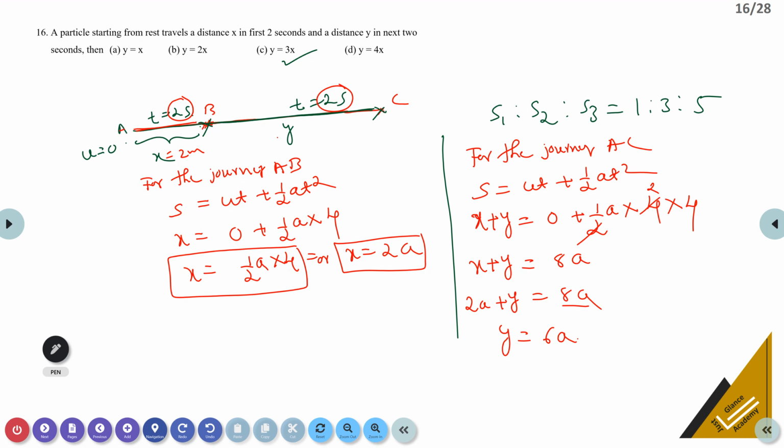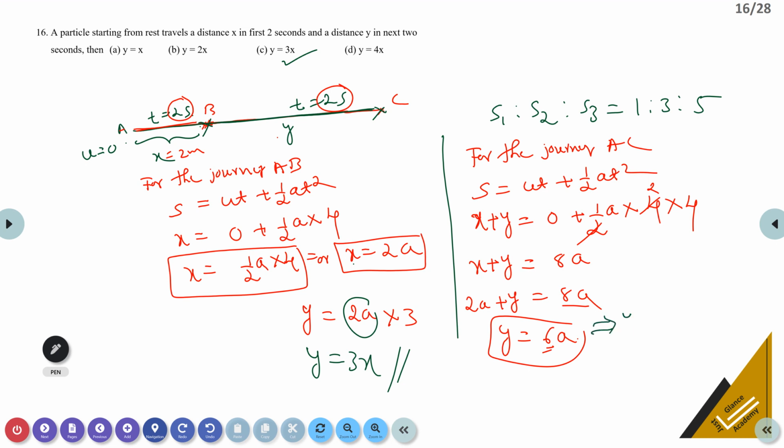Can I write this value y equal to 6a? Can I write like this? Y equal to 2a into 3. I will split the term. What is 2a? 2a is nothing but x. So y equal to 3x. Because here I am splitting this term, y equal to 2a into 3.